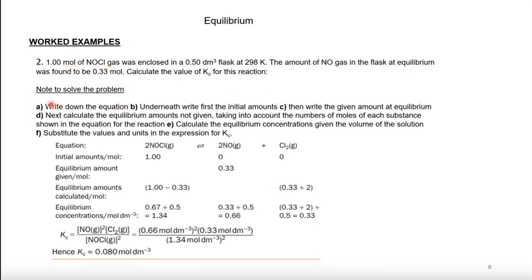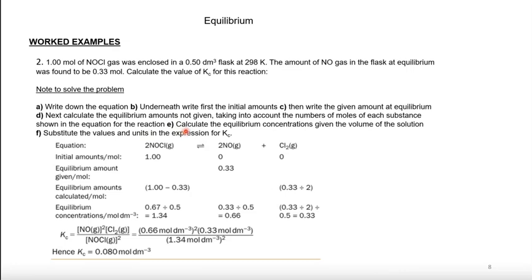What we have to do now is write down the equation of this reaction, a reversible equation. Then write underneath first the initial amounts, and then write the given amount at equilibrium. The next part is to calculate the equilibrium amounts not given here, taking into account the number of moles of each substance shown in the equation for the reaction.